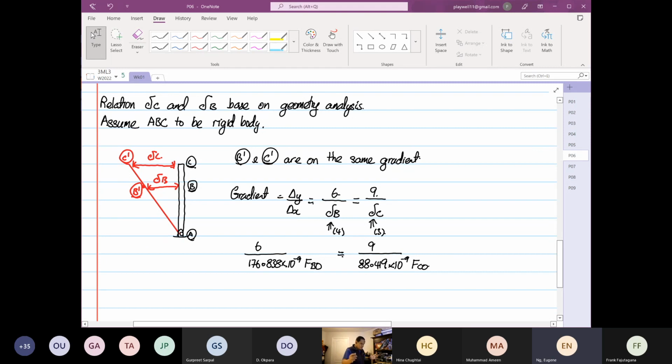So now the deflection just cancels itself off. Now we have it in terms of forces.